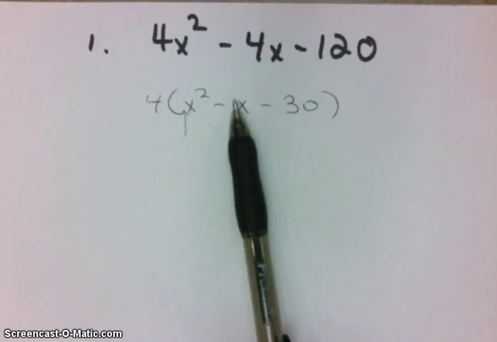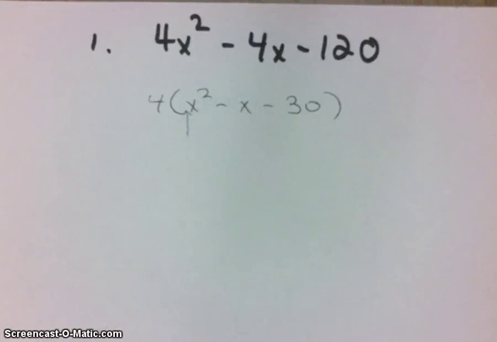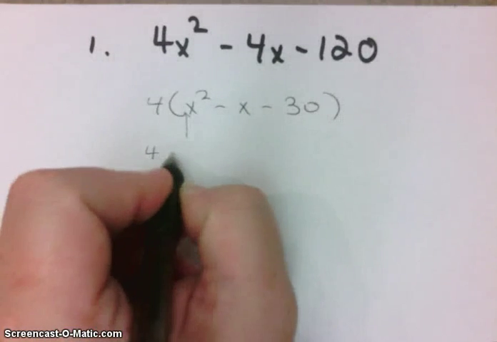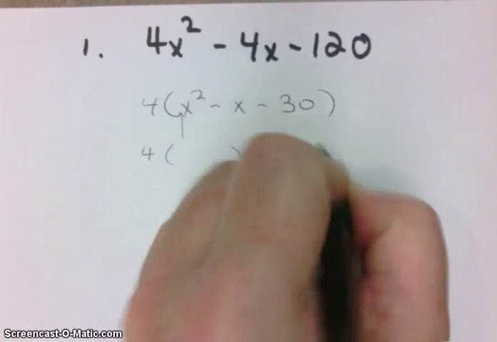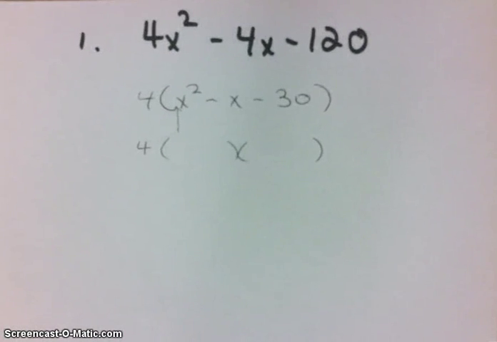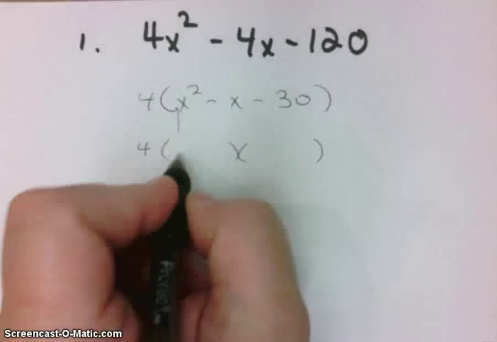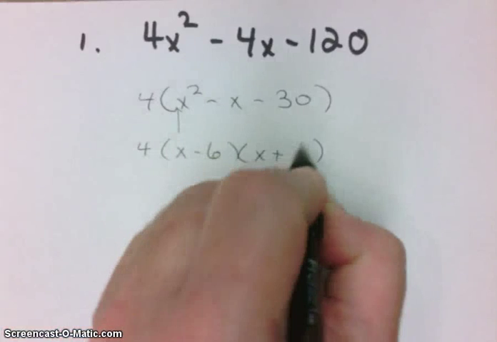There is a 1 here. It's redundant to write it, so we don't, but you need to recognize that there is 1. So what two numbers multiply to get negative 30 and add to get negative 1? Hopefully you recognize that those are going to be 6 and 5, and in fact the 6 is going to take on the negative because it is the larger number.